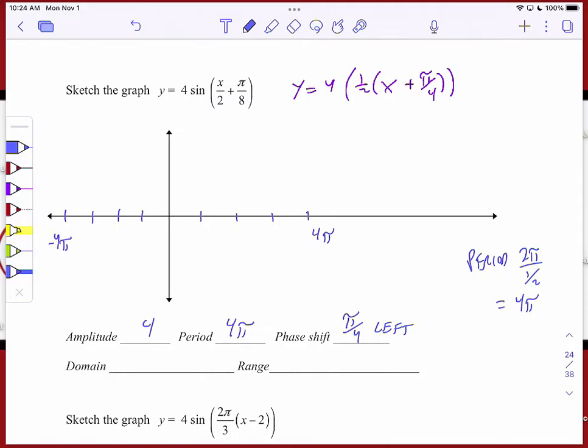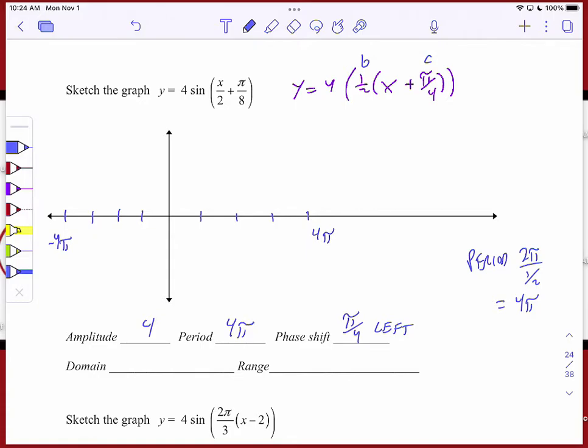Remember when the b value is less than 1, the period is getting bigger. And when the b value is greater than 1, it's getting smaller. So it's maybe opposite of what you would think, but remember you're dividing by b, so it kind of makes sense that a bigger number will make it smaller and a smaller number will make it bigger.